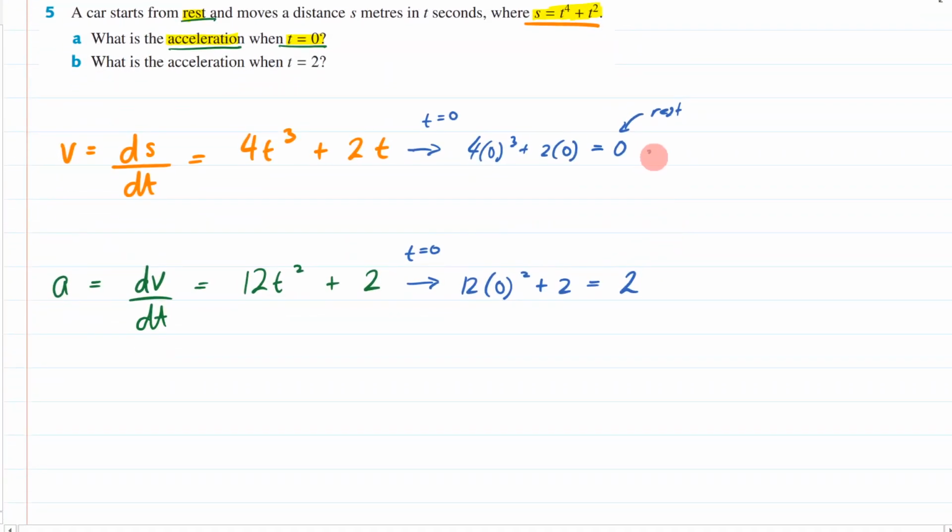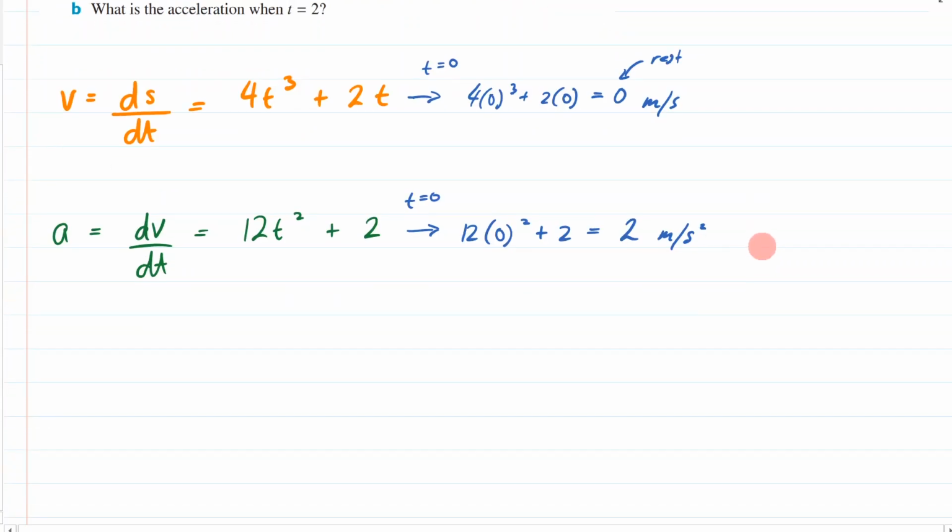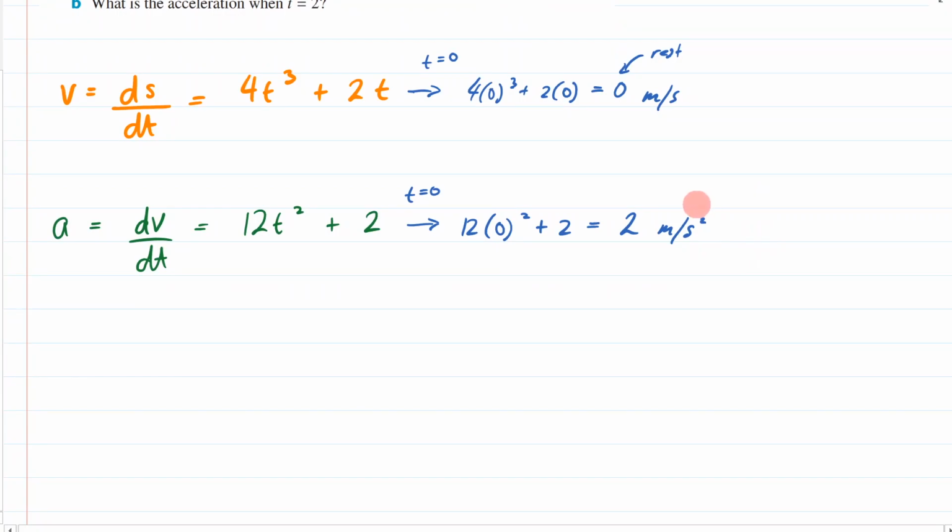The units for velocity are meters a second. For acceleration, the units that we use are meters a second squared. And what this is telling me is very important. It's telling me that I'm beginning to get faster. Not by very much, but by a little bit.